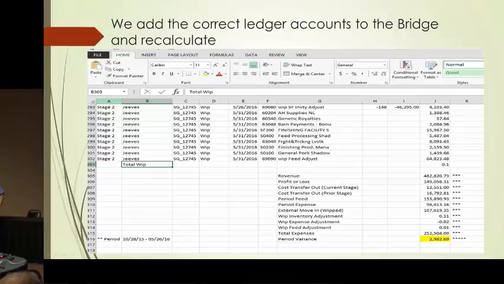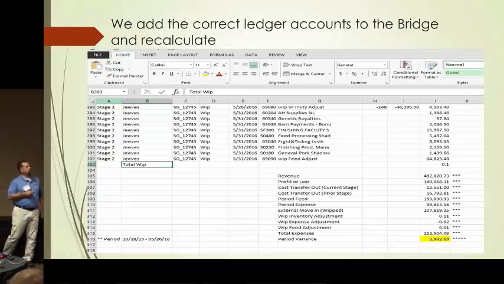So I went ahead and added those 2 shadow accounts to my expense tab on my bridge, and I said I'm going to go back to October and recalculate my WIP for the whole period of time. Totally different results now. My revenue went from $472,000 to $482,000.